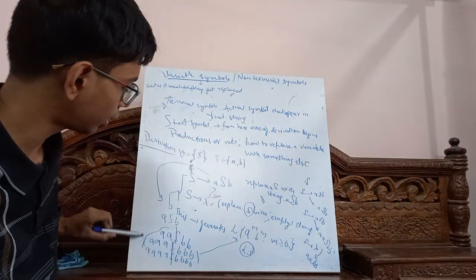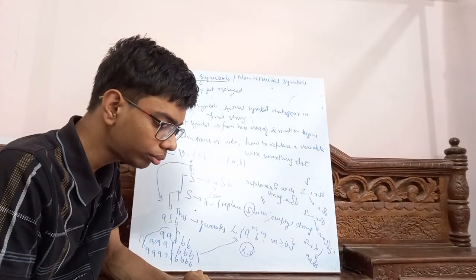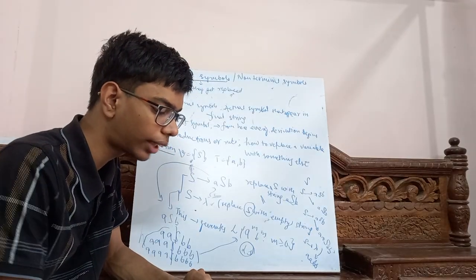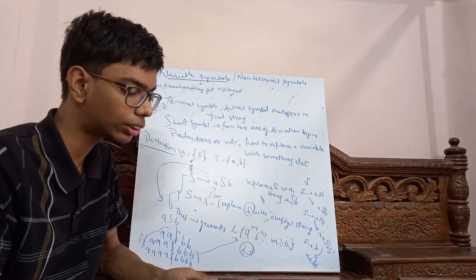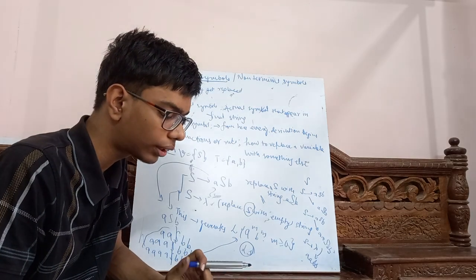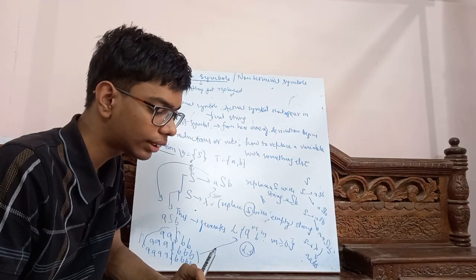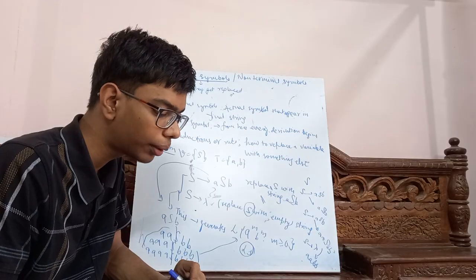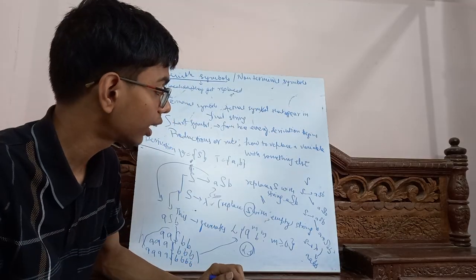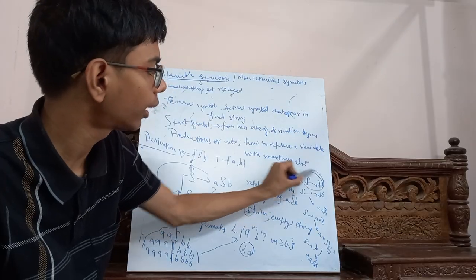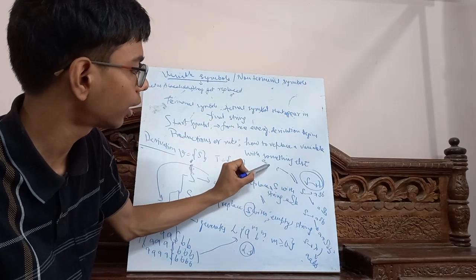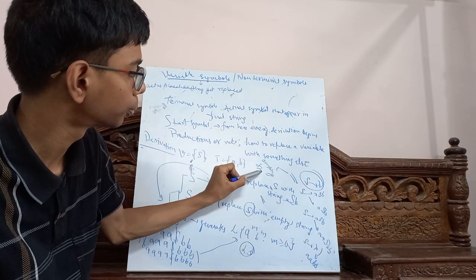We can repeat this as many times as we want to get AAABBB, and so on. Or we can stop early, applying S → lambda right away, and we will get the empty string.